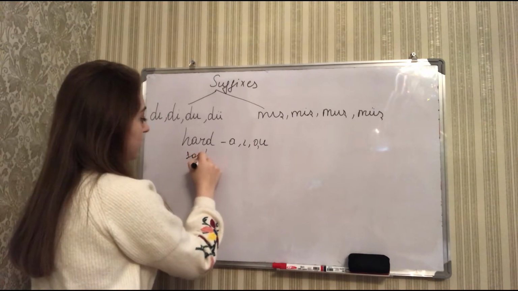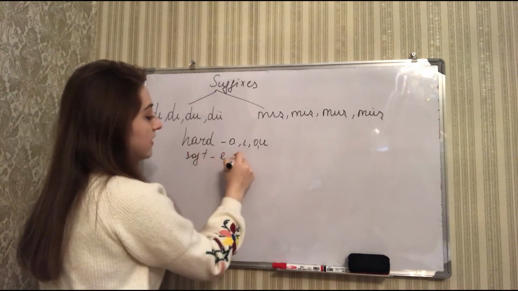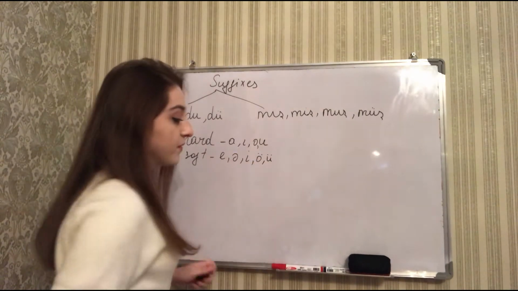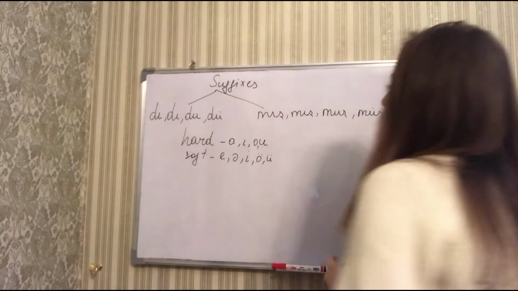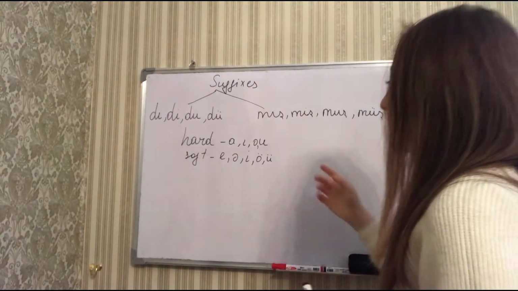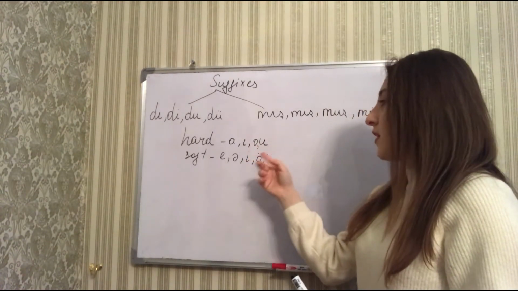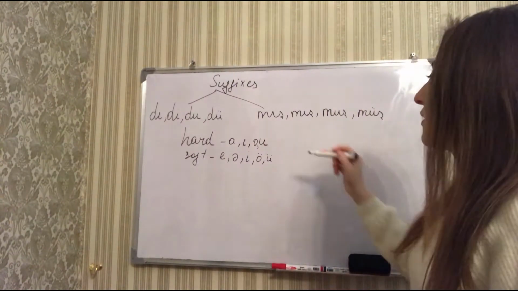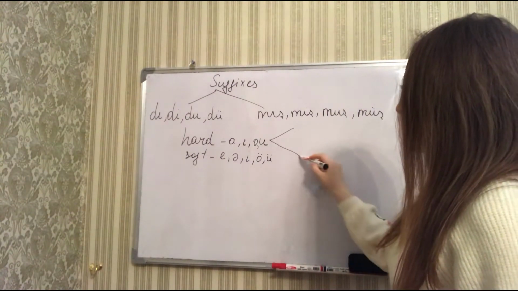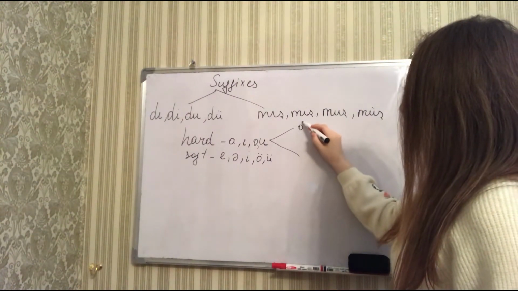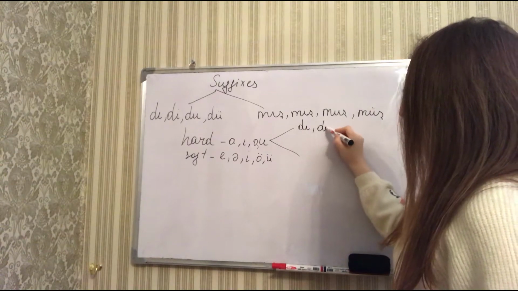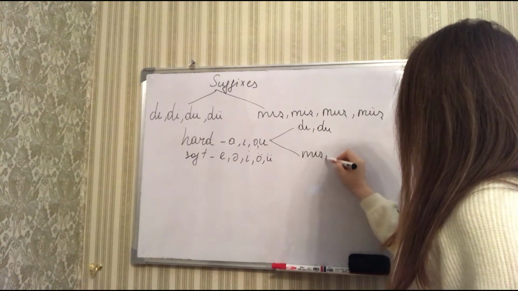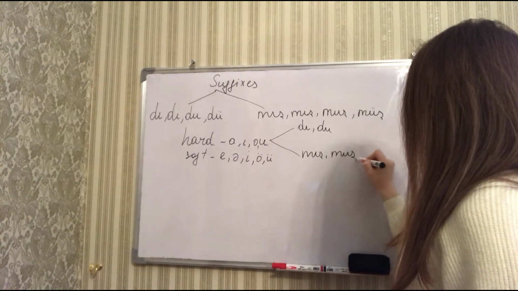And soft vowel, e, i, and u. So if our word ends with hard vowel, we must add the, or do, or mush, or mush.